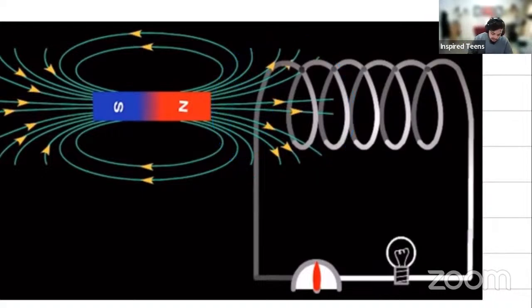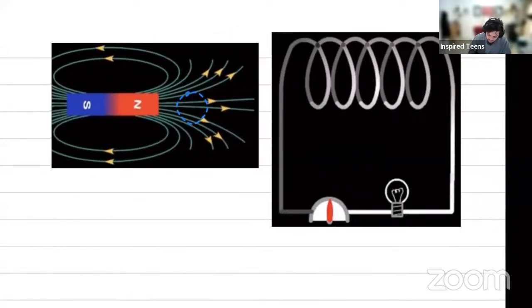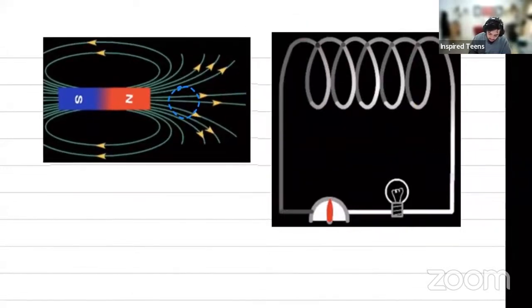So let's just say here both are completely still. The solenoid is not moving, the magnet is not moving. Even though there are magnetic field lines touching this wire, there will not be an induced EMF, because there needs to be a change in magnetic flux. A change in magnetic flux could be represented here. It's not going to move exactly how we want it to, but it's fine. Here's my magnet.